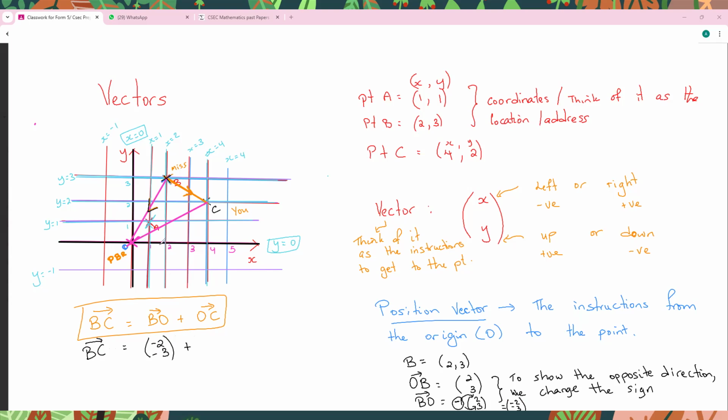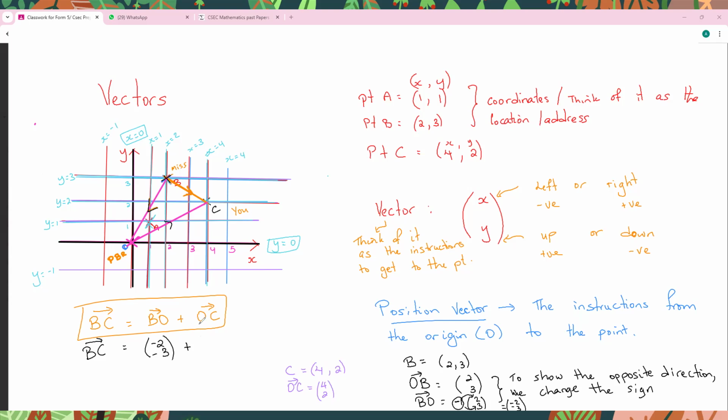And then I'll walk from the bus route to C. Now remember, I'm writing in purple here now. The location of C, which is your house, is at 4, 2. Now we know that we could get the instructions from O to C because all we do is write this as a column.